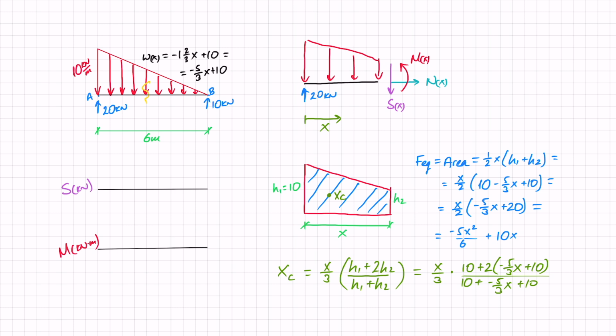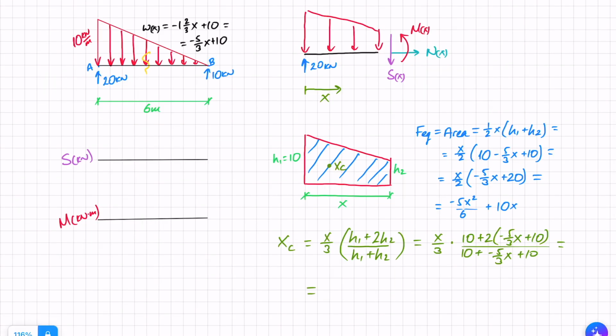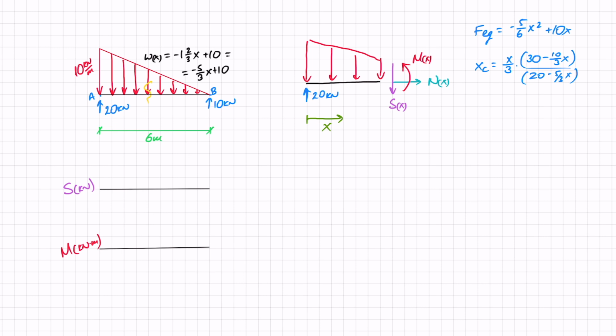And I can write that out slightly more neatly as x over 3 times 30 minus 5/3 x over 20 minus 5/3 of x.